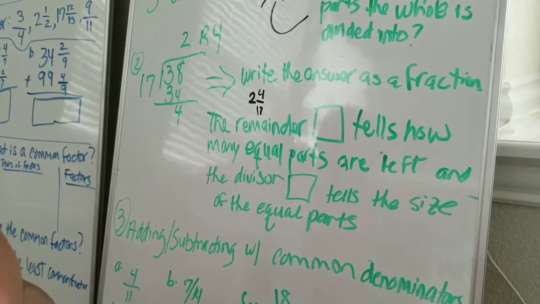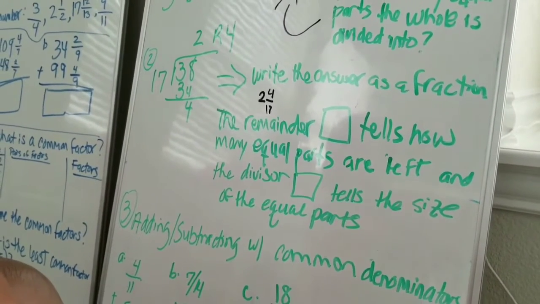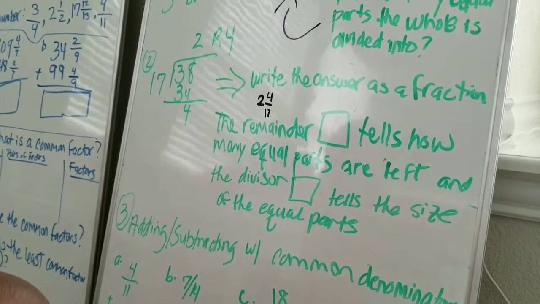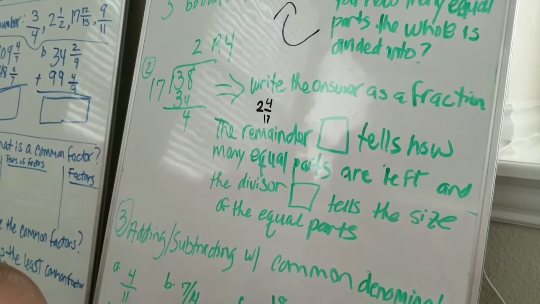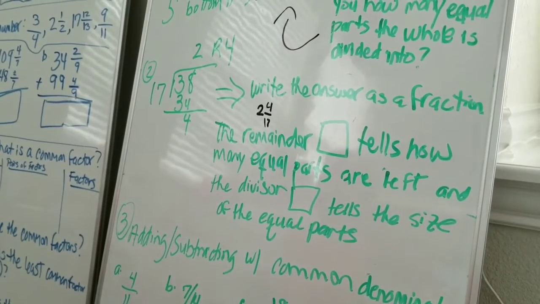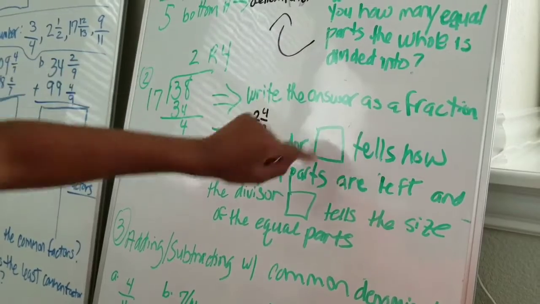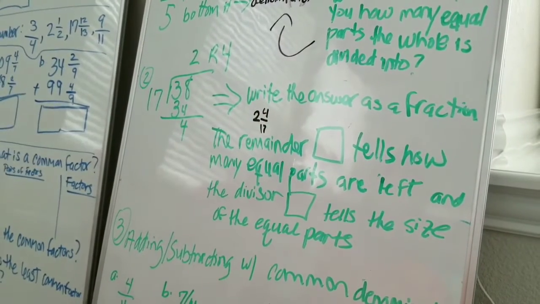The remainder blank tells you how many equal parts are left, and the divisor blank tells you the size of the equal parts. Identify to me where's your remainder and what is your divisor. Excellent. Write it in there.